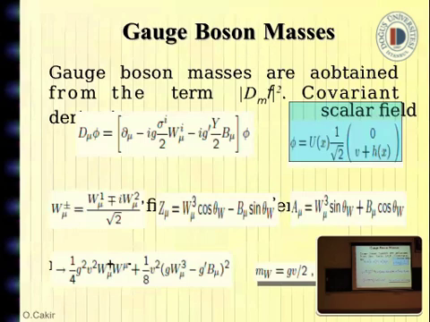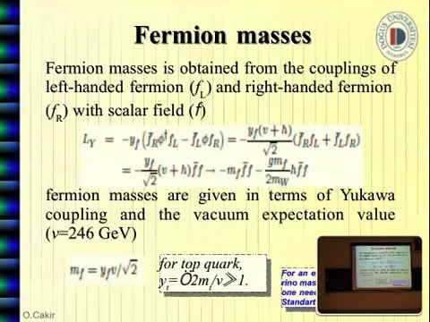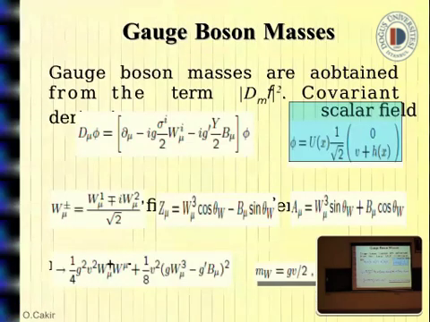Gauge bosons get their masses from the scalar kinetic term shown here, and finally we will have MW and MZ in terms of the vacuum expectation value.